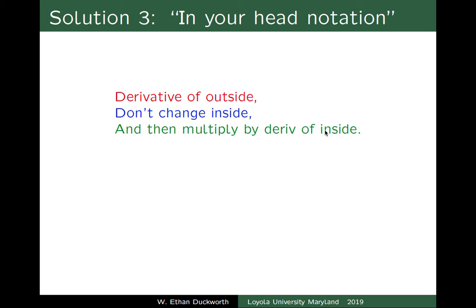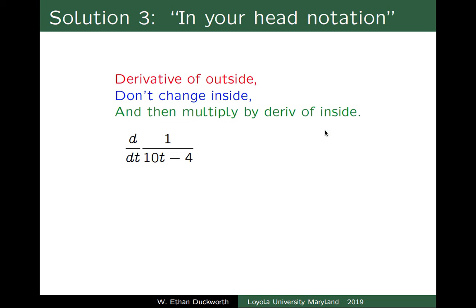I will color the derivative of the outside part red, the don't-change-the-inside part blue, and then I will multiply by the derivative of the inside, which will be in green. Okay, so the first step is to identify, just like in the other parts, what I mean by the inside and the outside. So if the formula is 1 over 10t minus 4, the outside is the 1 over part.